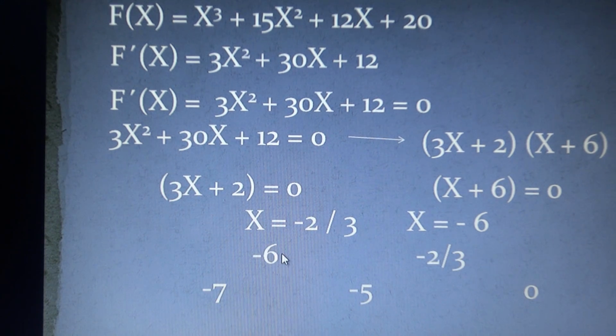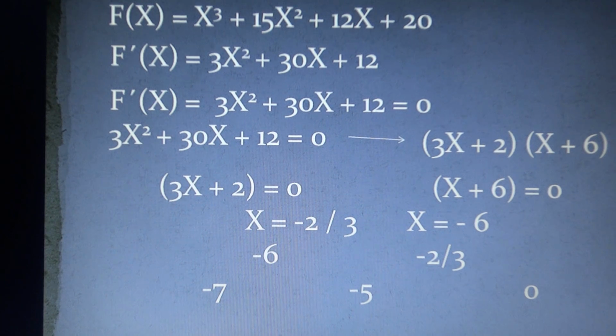Now we get these two numbers and we find a number from the left side. A number from the left side of -6 will be -7, and a number from the right side of -6 will be -5. In the case of -2/3, -5 will be to its left, and a number to the right will be 0.